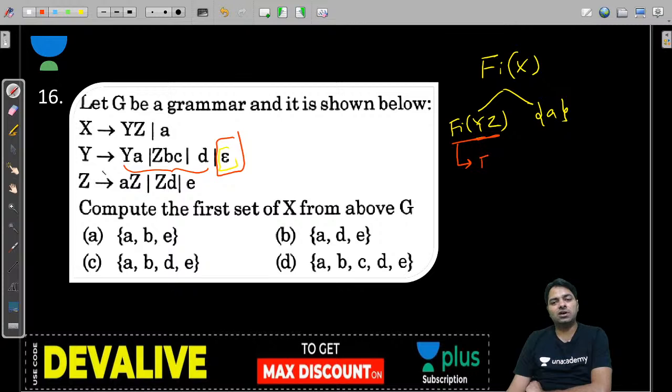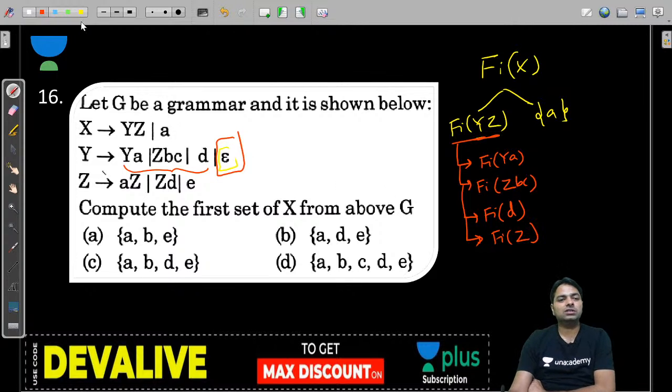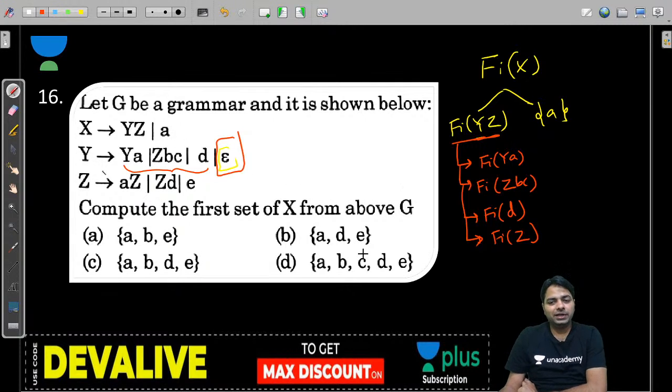Here, first of YA union first of ZBC and union first of D, and when you put epsilon you will have first of Z, because Y becomes epsilon. Everybody, guys?